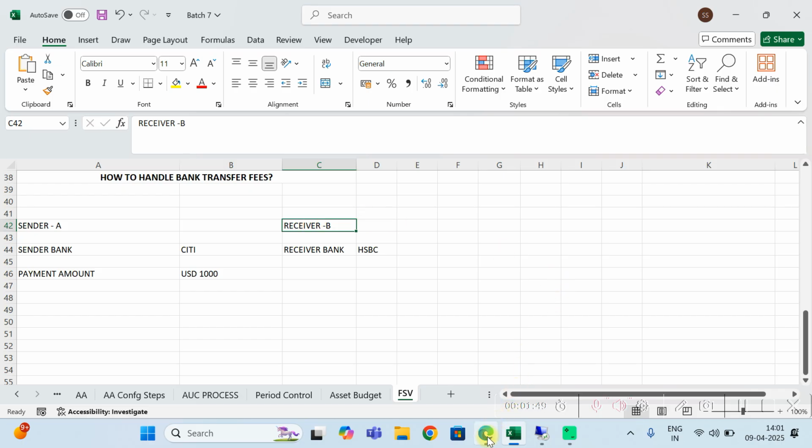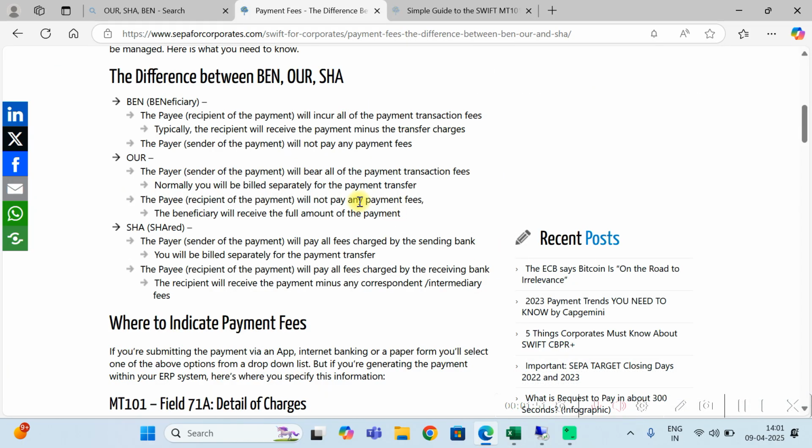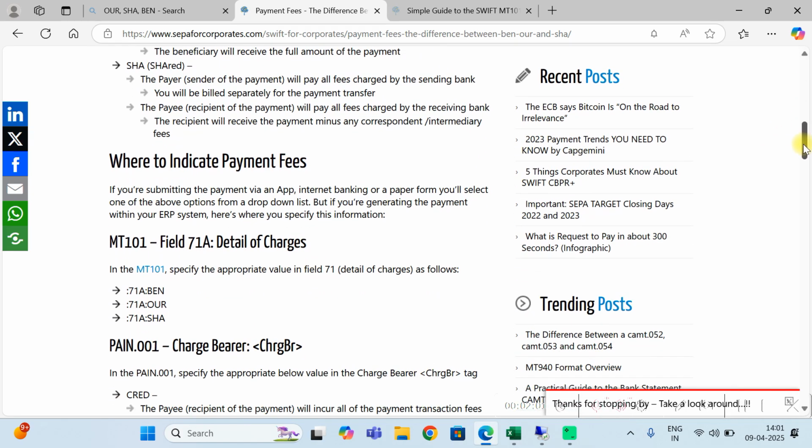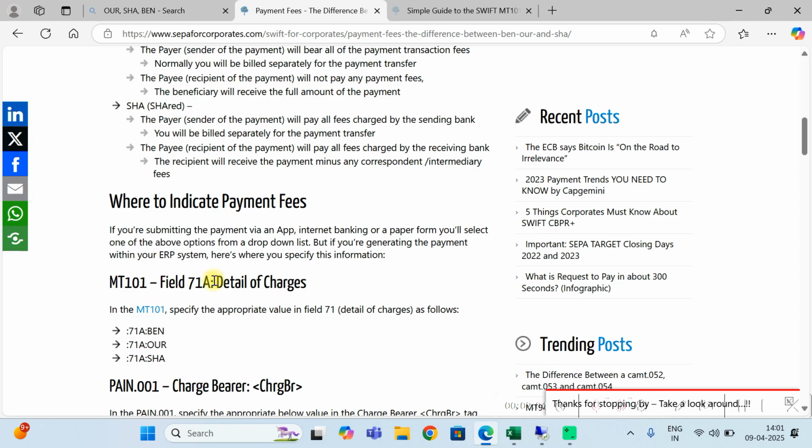Let me take you here, then you'll understand. If you are following the MT101 format, then this code you have to show in the tag 71A. You have to show this tag in the file, and you have these three-letter symbols.